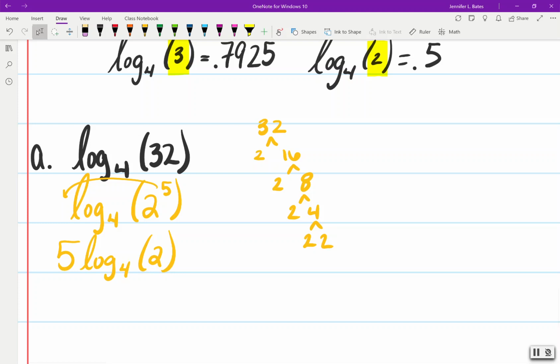Do I know what log base 4 of 2 is? It's just 0.5, because that's the piece of information that they gave us. So we're going to make a substitution. This is really 5 times 0.5, and 5 times 0.5 is just 2.5. So I can estimate that log base 4 of 32 is just 2.5.